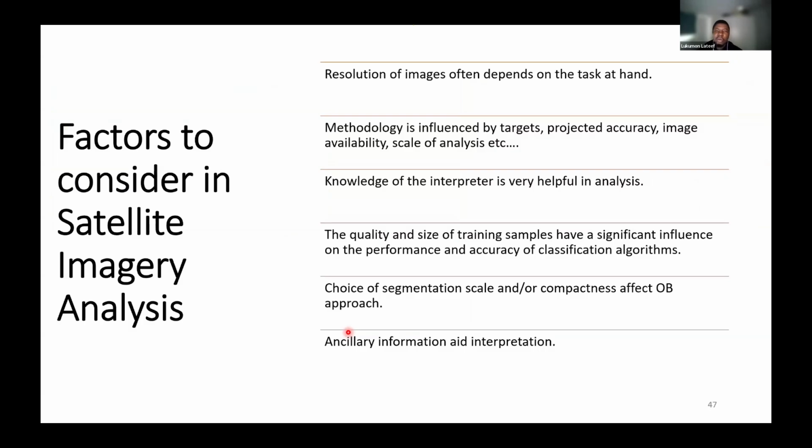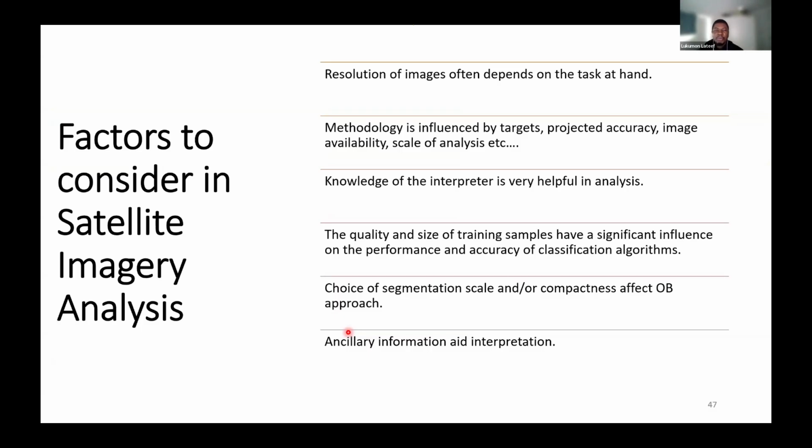So to round it up, I would like to highlight these points. The resolution of the image depends on the task you want to perform. For example, if you want to extract building footprints, you might need high spatial resolution. If you want to perform, let's say, flash flood mapping, you might need high temporal resolution images.